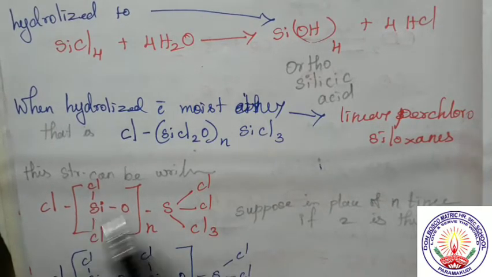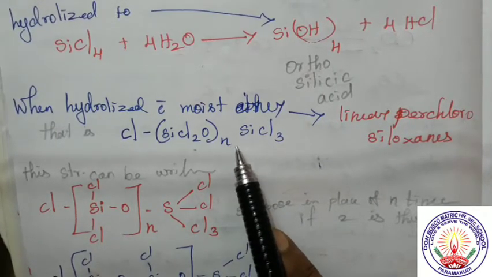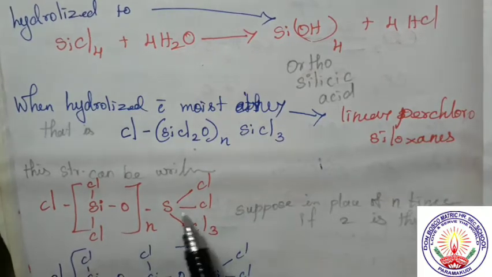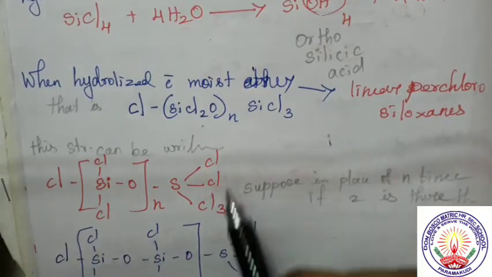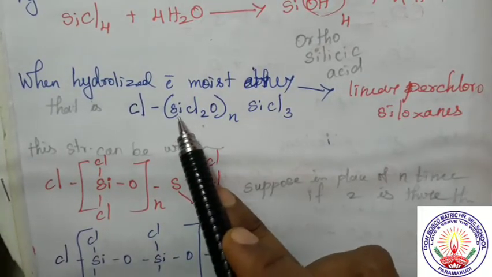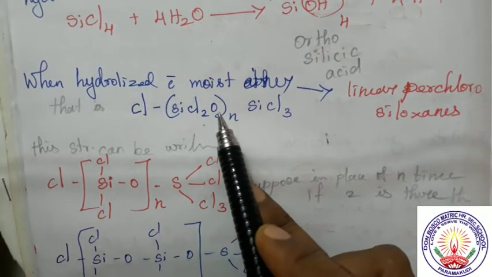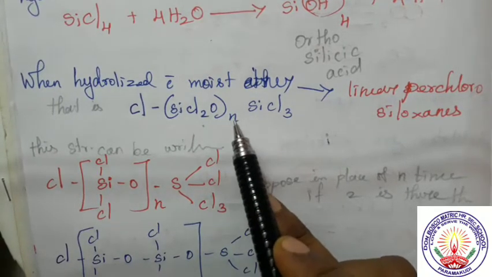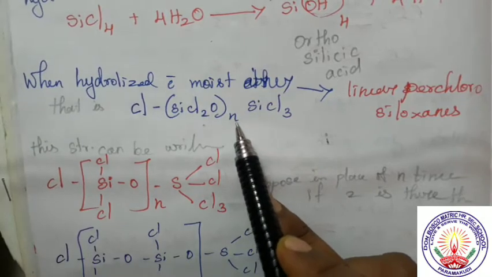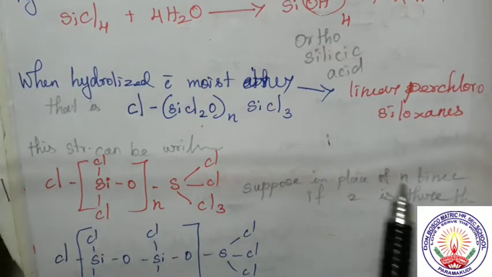Instead of this n, suppose you are having 2. This structure can be written as SiCl2O here only one time. Suppose it is 2, this will be 2 times.